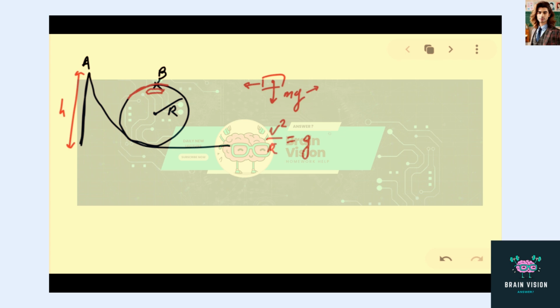And so v must be equal to the square root of r times g. So this is the minimum velocity that is required. So v must be greater than or equal to the square root of rg.